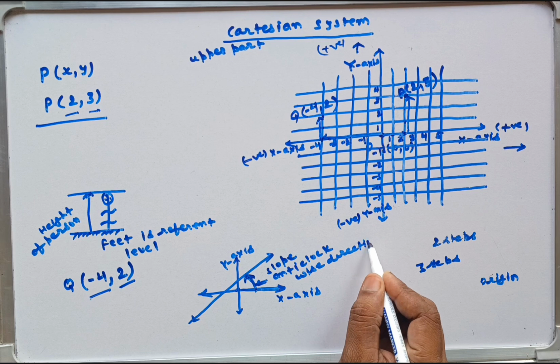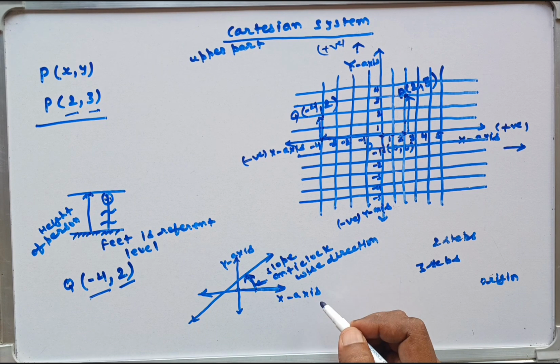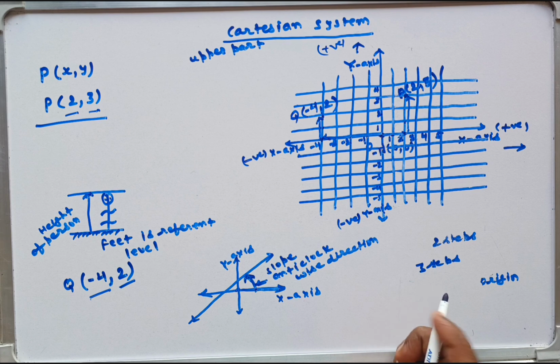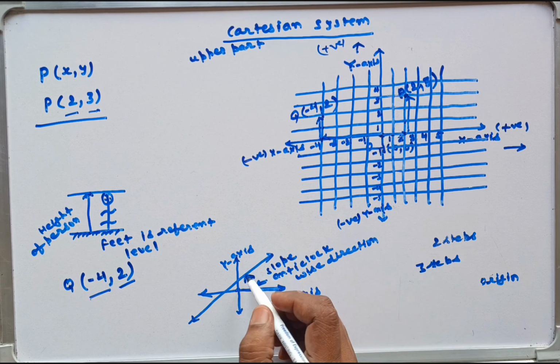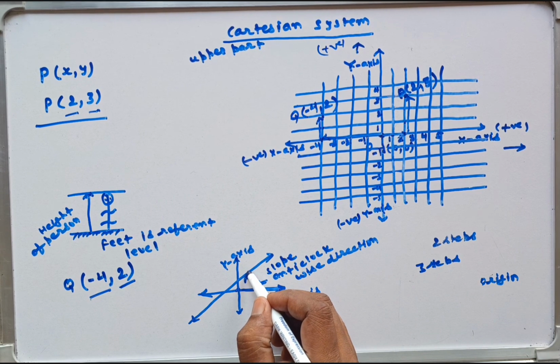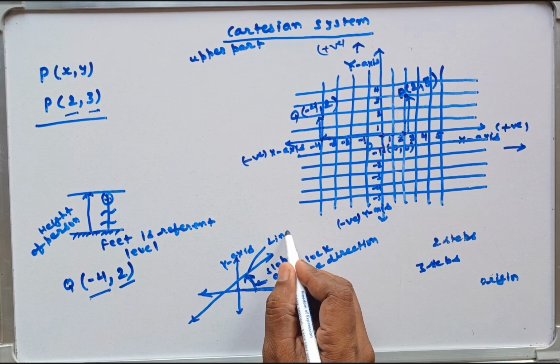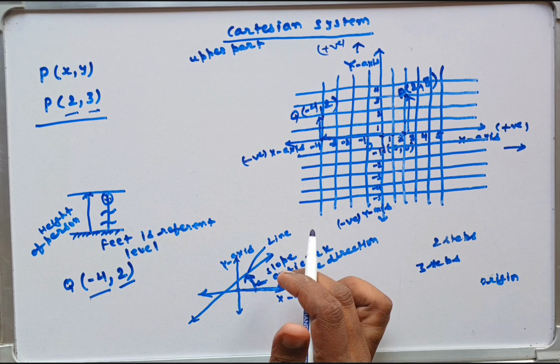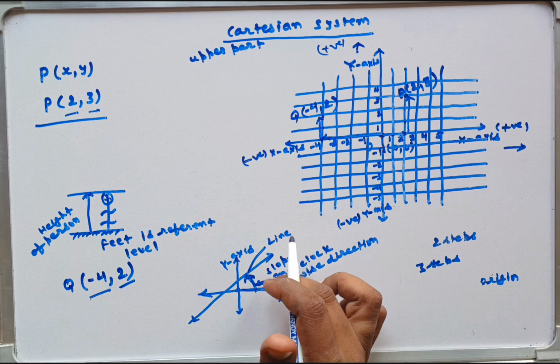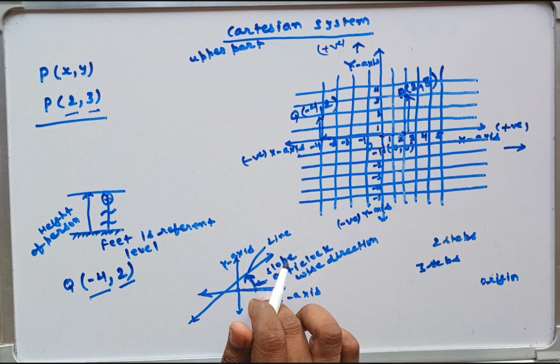Anti-clockwise direction means we are taking a clock as a reference, and we are moving opposite to the direction of the clock. So this line gives you a gradient or slope with respect to the x-axis.